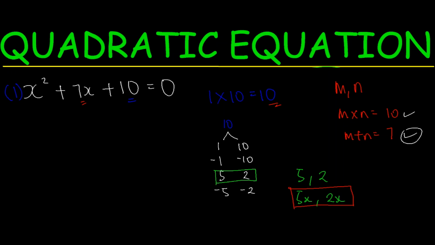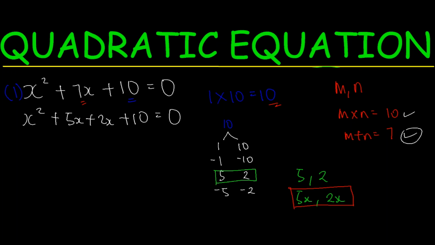So having found our two numbers, let's continue solving. Here will be x squared plus, we will replace our 7x with 5x and 2x. So we say plus 5x plus 2x plus 10 is equal to 0.